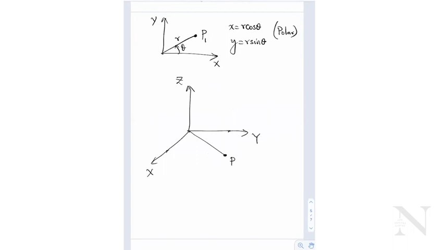Let's call it P1 so that I can use P for my new point in space. So P1, and this is r, this is theta. I'm going to project it up here in space, and this is my P. Let me extend my axes a little bit there.